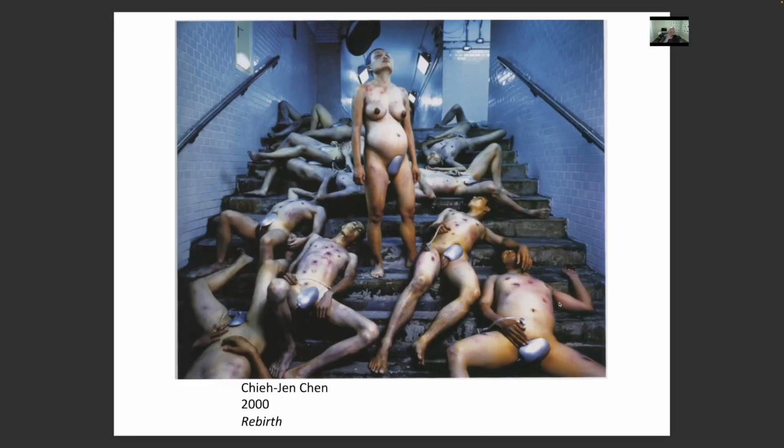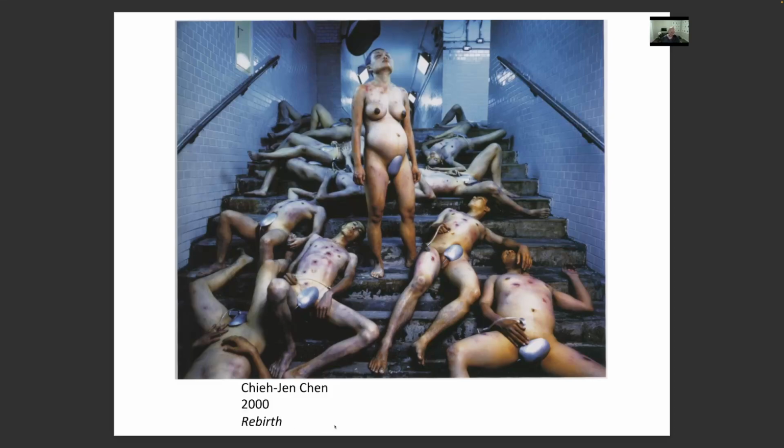This is a piece called Rebirth. This is our very first digital composite, and we can see that we have these digitally added gunshot wounds for all of these male figures here. And then the only survivor from whatever happened here is this pregnant woman right here.